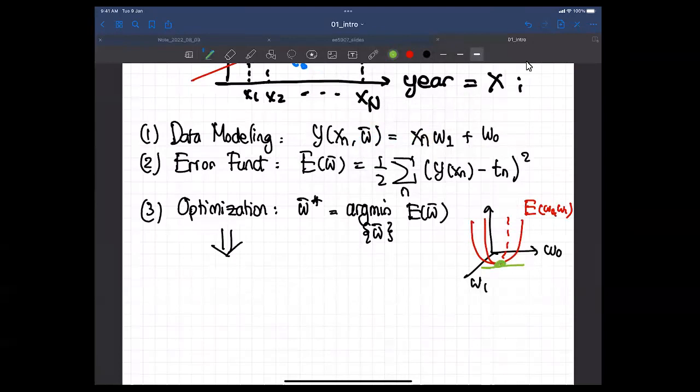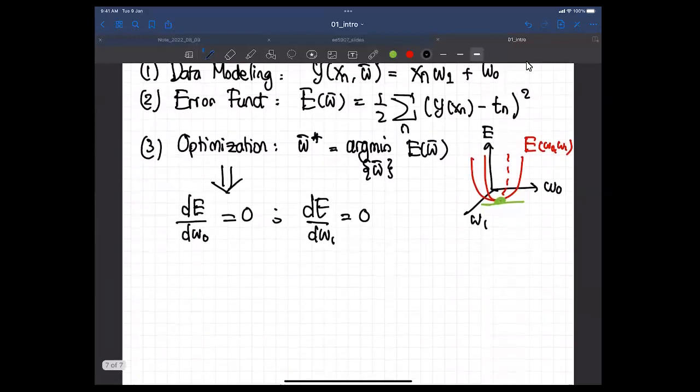Okay, so I just want to complete here. In this case, because we have two variables, you have the partial derivative of E with respect to w0 equal to 0, and the partial derivative of E with respect to w1 equal to 0. So you have two variables that you have to optimize. The basic thing is the same.